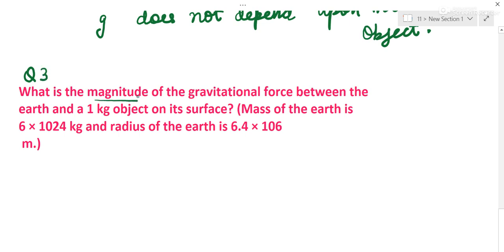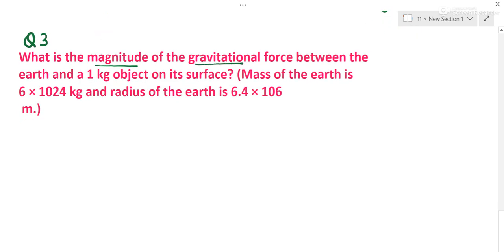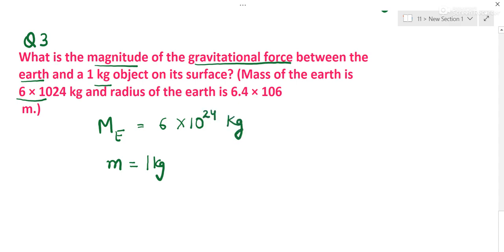What is the magnitude, magnitude means number, of gravitational force between Earth and a 1 kg object? So mass of object is 1 kg and mass of Earth, one should remember, we should all learn, 6 into 10 to the power 24 kg.